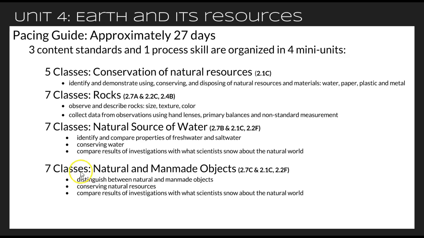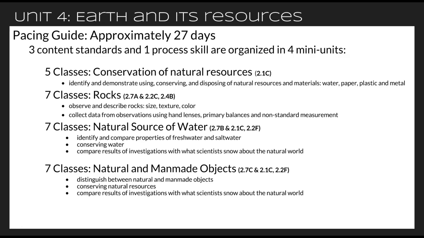So when we start off the unit, I've got 5 classes here for conservation of natural resources, and that really is going to set the stage for spiraling through with the rest of the mini units, which are rocks, natural sources of water, and then natural and man-made objects. So taking some time to talk about ways to identify and demonstrate using, conserving, and disposing of natural resources is going to be the way we start off the 6 weeks.